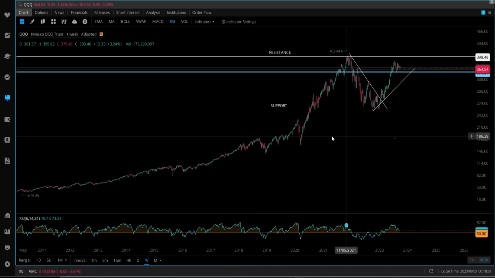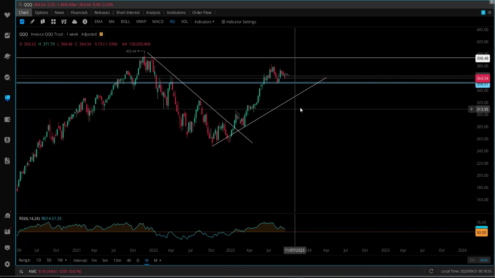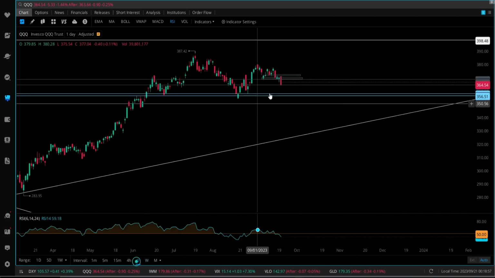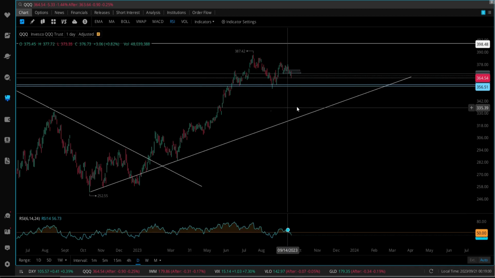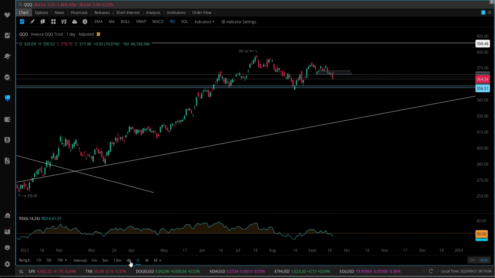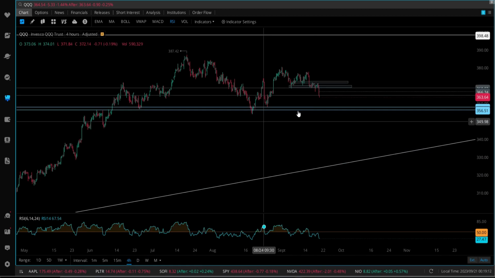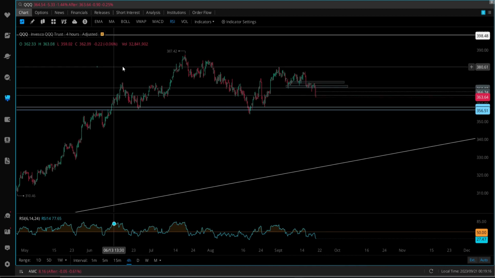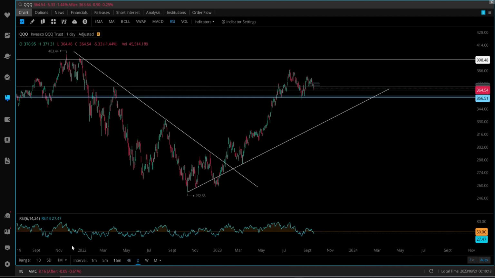Obviously, if you go to the weekly, you can see it's still bullish as well. So that's my personal opinion on the overall market right now. If things were to change, I would obviously let you know, but I am bearish in the short term, looking for trades that currently benefit with a downward move in the ETF. But long term, I am bullish.